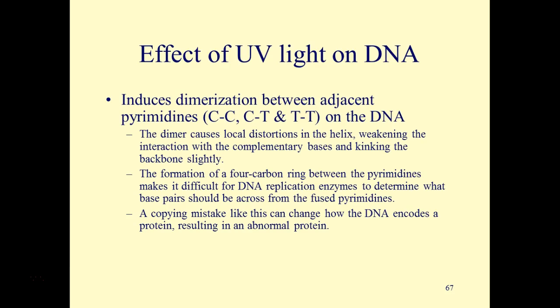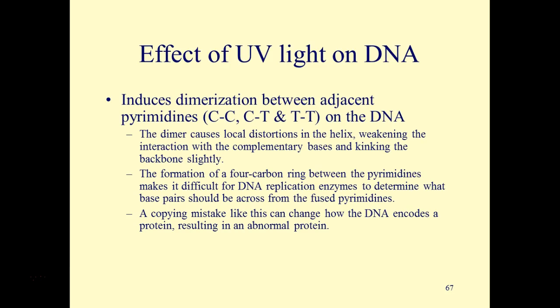We're going to see adjacent pyrimidines, that means next to one another on a strand of DNA, getting abnormal bonds. We see this between adjacent cytosines, between a cytosine and a thymine, or a thymine and a cytosine, and also between 2 thymines on the DNA.